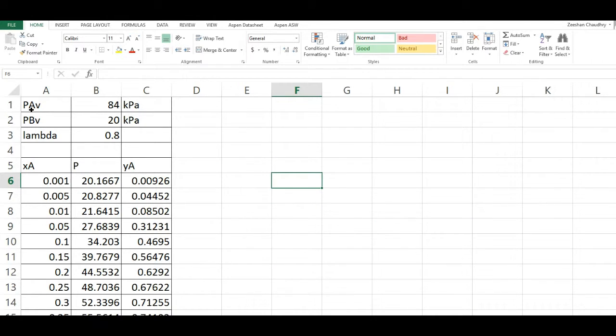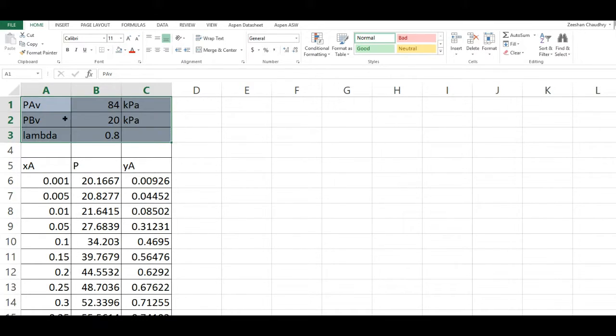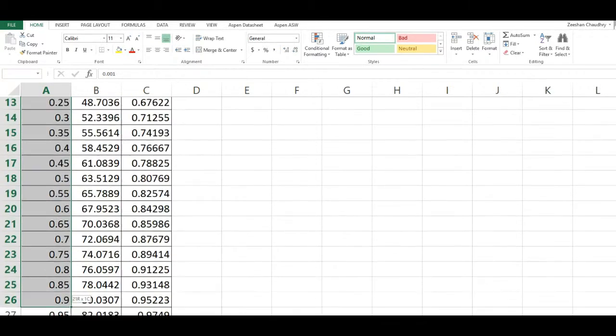Okay, hey guys, so here we have a bunch of constants from the problem, so nothing special. PAV is the vapor pressure of pure species A, as if there is no species B present in the vapor phase. Likewise, PBV is the pure vapor pressure of species B, as if there is no species A present. From the function that I derived before, we can pick values for xa, as seen over here.